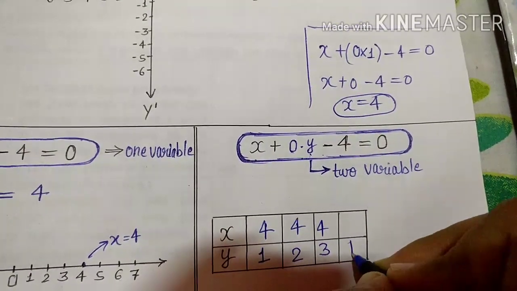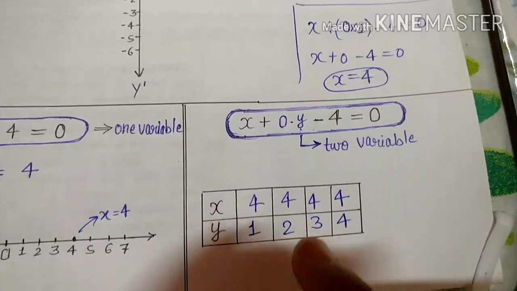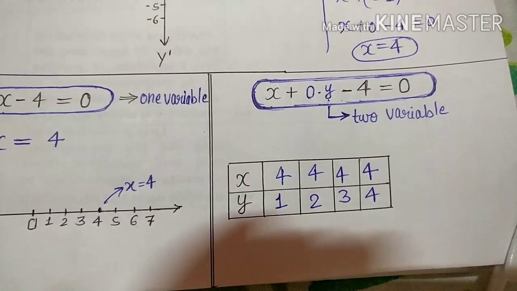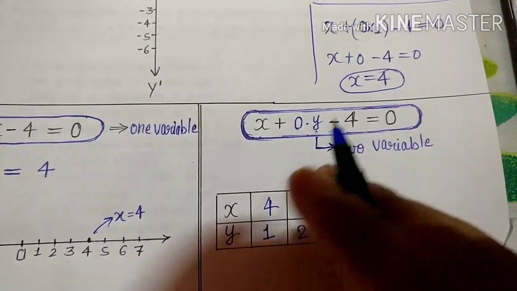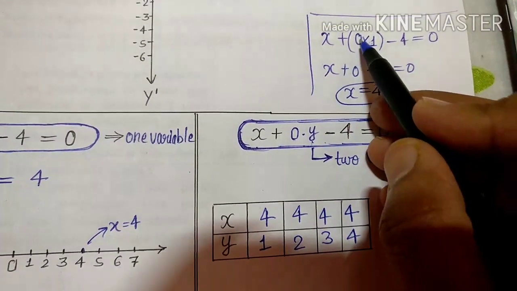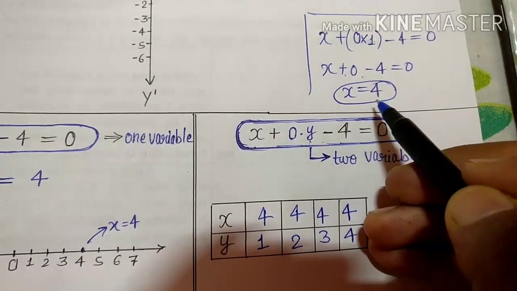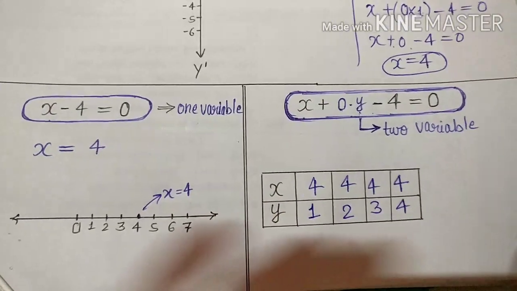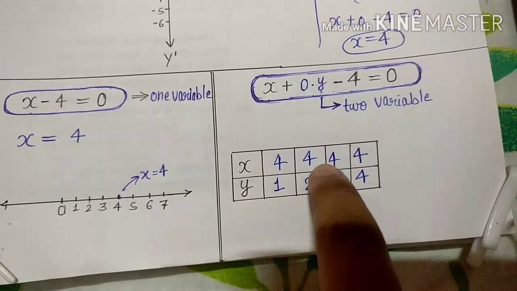You can put 4, then also 4 only. We can put 5 in place of y, then again the value of x will be 4 only. Then again minus 4 will go that side, so it becomes equal to 4. So whatever we put in place of y, the value of x remains 4 only.